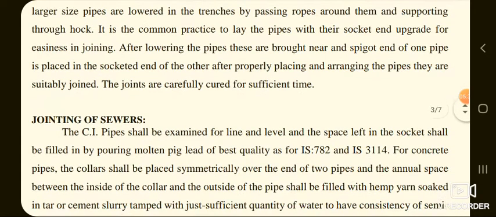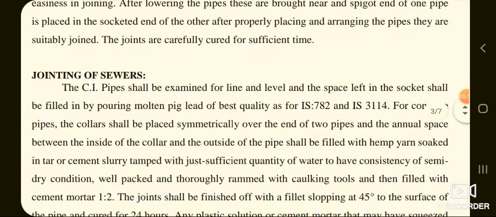After lowering the pipes, these are brought near and the spigot end of one pipe is placed in the socket end of the other. After properly placing and arranging the pipes, they are suitably joined. The joints are carefully cured for sufficient time.